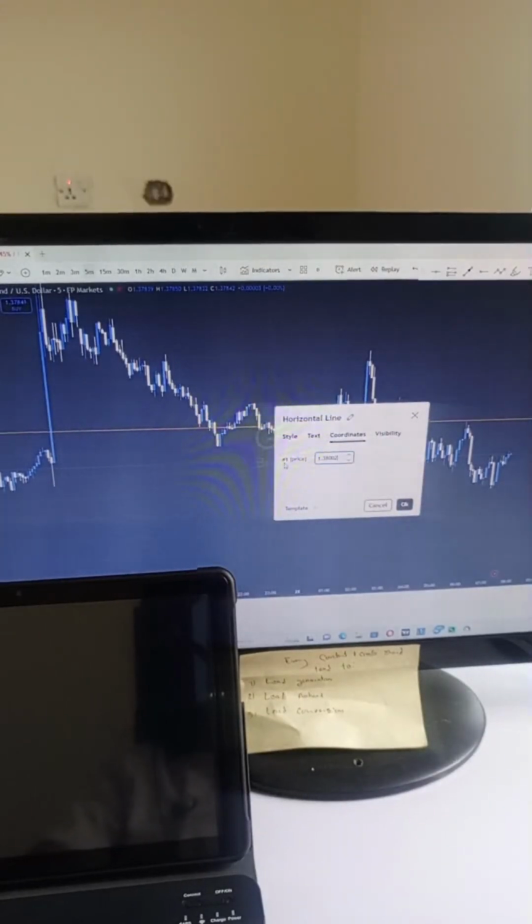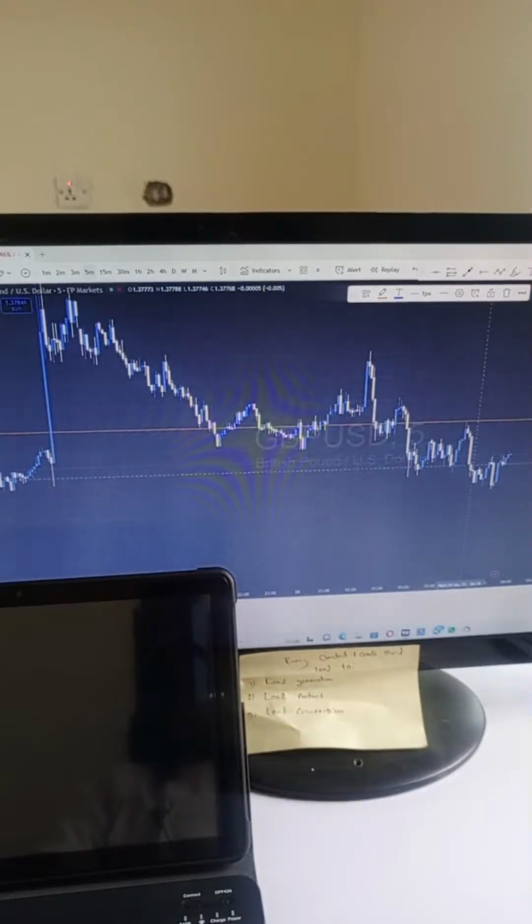So we got a serious rejection around our key level, 1.38 thousand, and that's why we had this sell here. I even noticed it late. We got an entry around here.